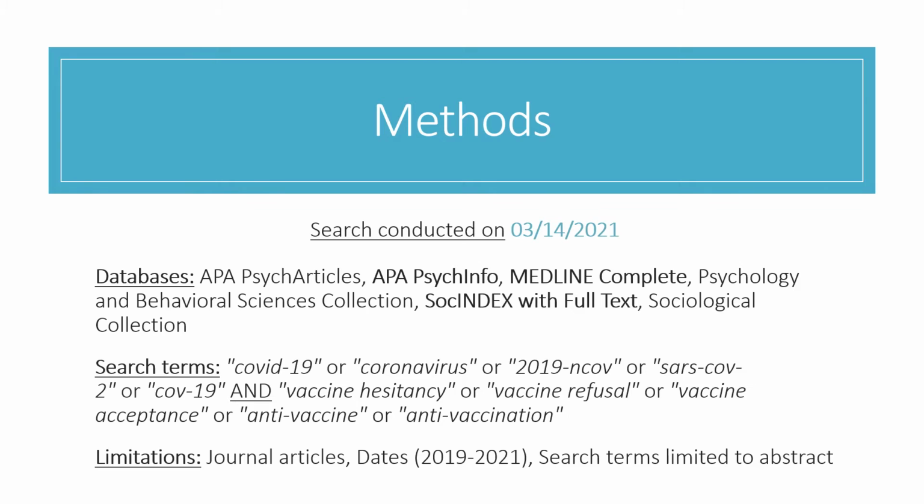My thinking there is that if some search term relating to COVID-19 and vaccine hesitancy is not to be found in the abstract, then it is probably not an article that I am interested in for this review.